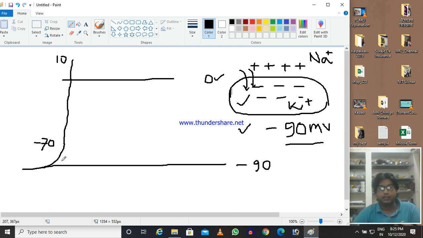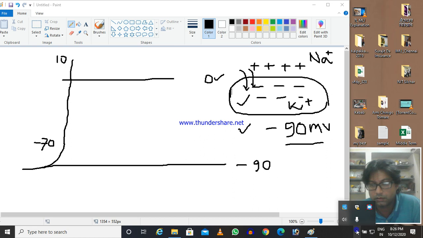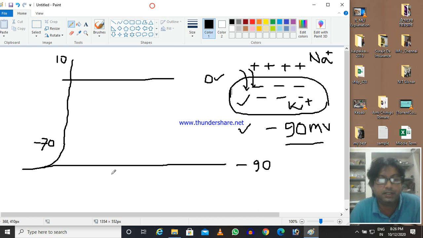Once the pulse is generated from the SA node, it excites the cardiac myocytes. Some sodium channels open initially very slowly, so sodium starts to enter inside the cell, which reduces the negativity, and slowly this minus 90 millivolt reaches minus 70 millivolt. Once it reaches minus 70 millivolt, this is the threshold potential.